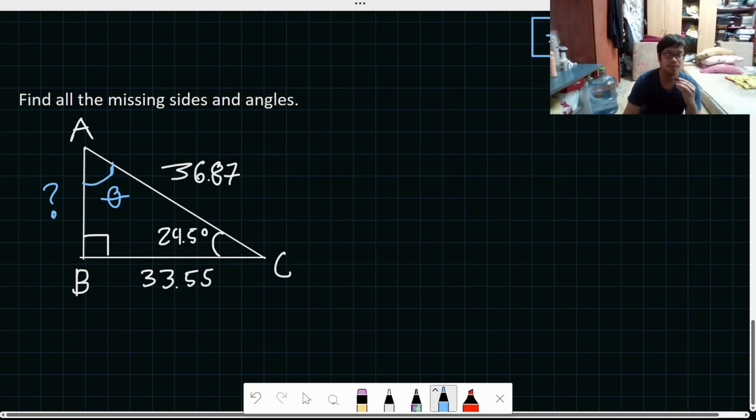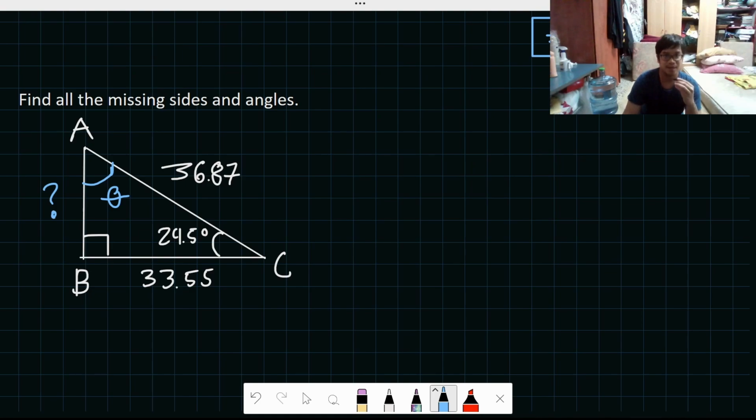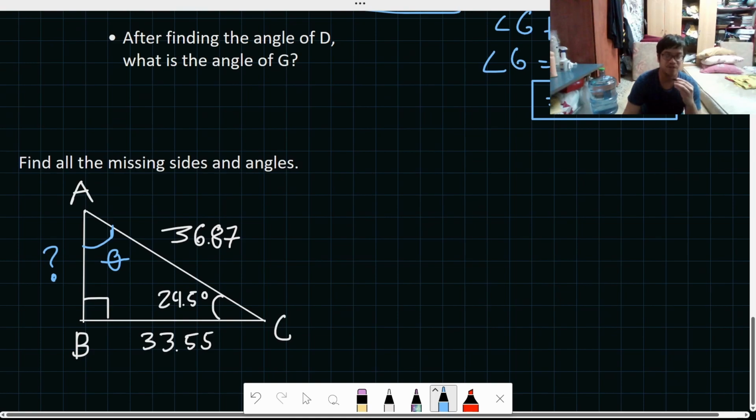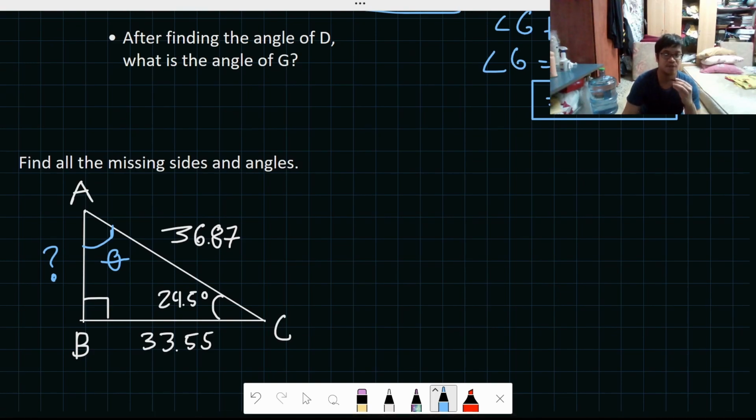So remember that, again, the sum of all interior angles of the right triangle is 180 degrees. So basically, if you add all the angles in the right triangle, like angle A plus angle B plus angle C, your answer would be 180 degrees.